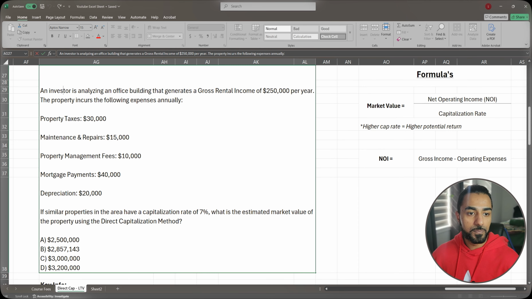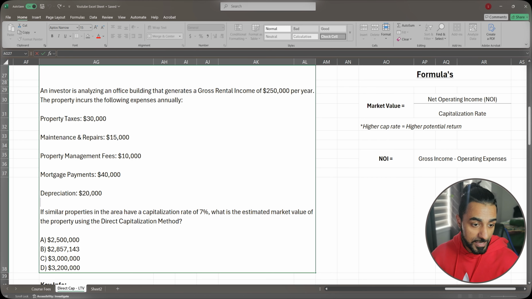So we have an investor, and they're analyzing an office building that generates a gross rental income of $250,000 per year. The property incurs the following expenses annually: property taxes, maintenance repairs, property management fees, mortgage payments, and depreciation.